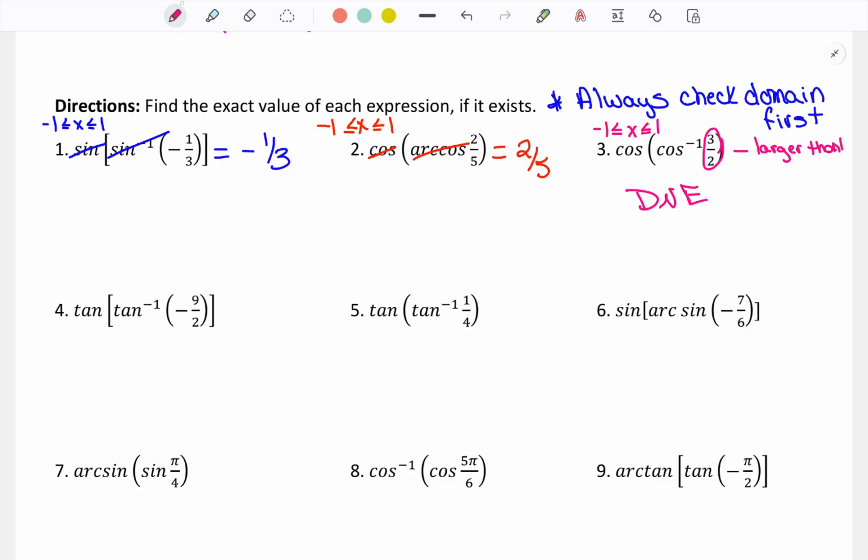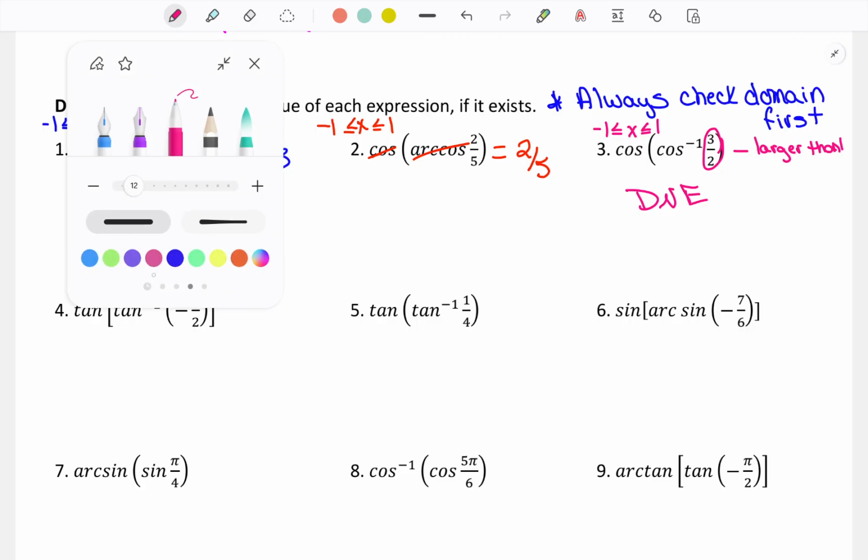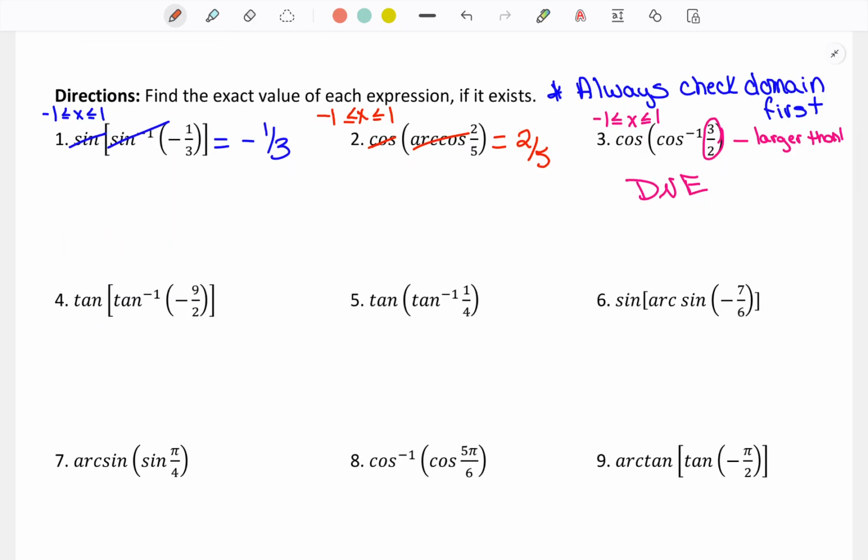Then on number 4, we have the tangent of the arctangent of -9/2. Tangent can be between negative infinity and positive infinity, so this does work, and we have -9/2 as the result. And then we have the tangent of the arctangent of 1/4.